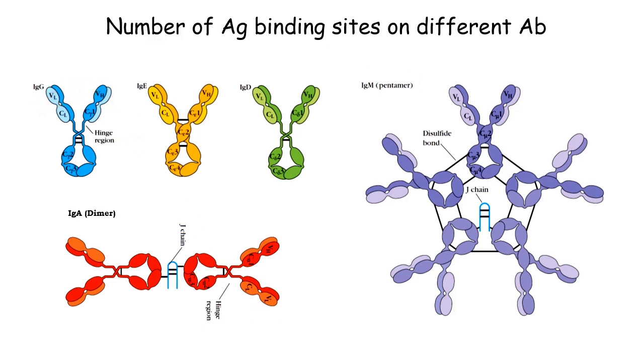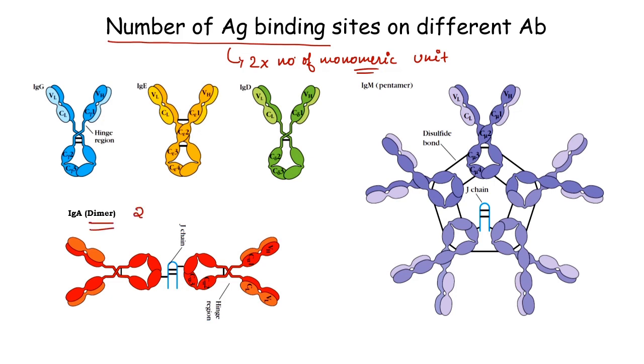In case of an oligomer, the number of antigen binding sites is 2 times the number of monomeric units of antibody present in that oligomeric form. For a dimer, it is 2 into 2, that is 4 antigen binding sites. For a pentamer, 2 into 5, that is 10 antigen binding sites.